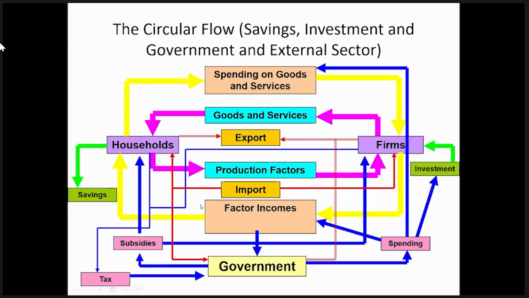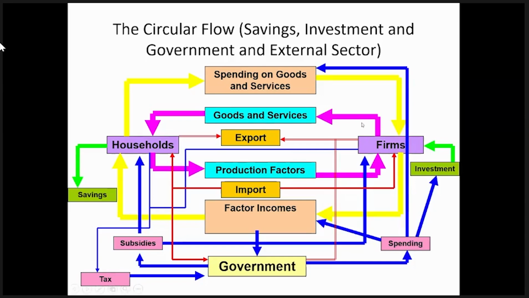Even this is very difficult because let's assume, with tax, government decided to reduce the tax. Then what happened? When government reduced the amount of tax, the money with households and firms will be high because now they don't want to pay that as tax. So there will be high demand for goods and services.